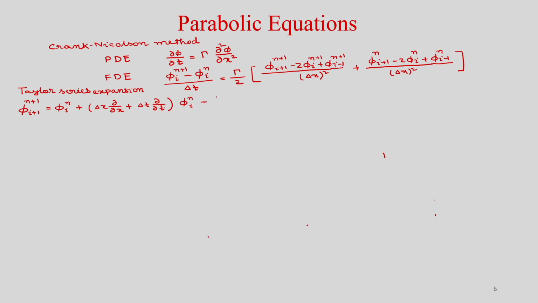Then you can write 1 by factorial 2, delta x del of del x plus delta t del of del t whole square phi I n, and other higher order terms. We are not writing other terms.